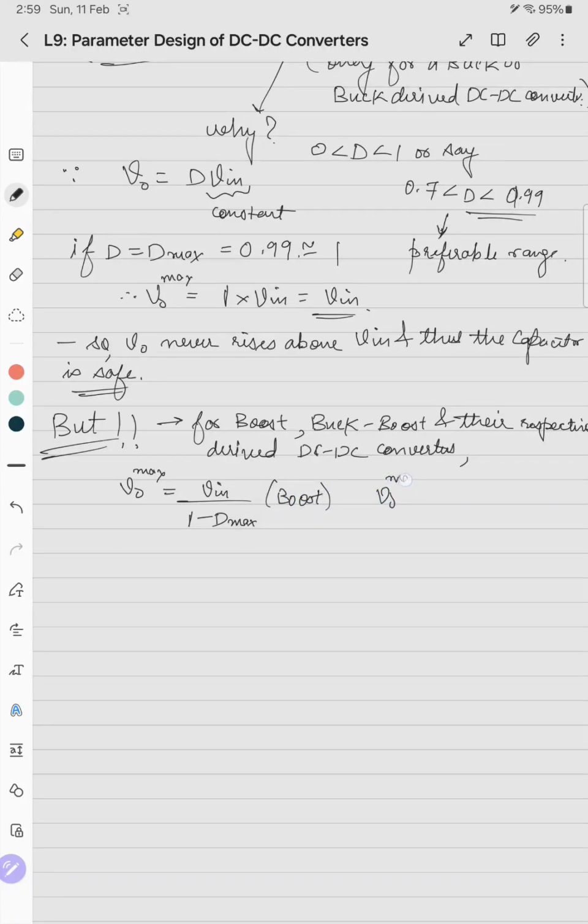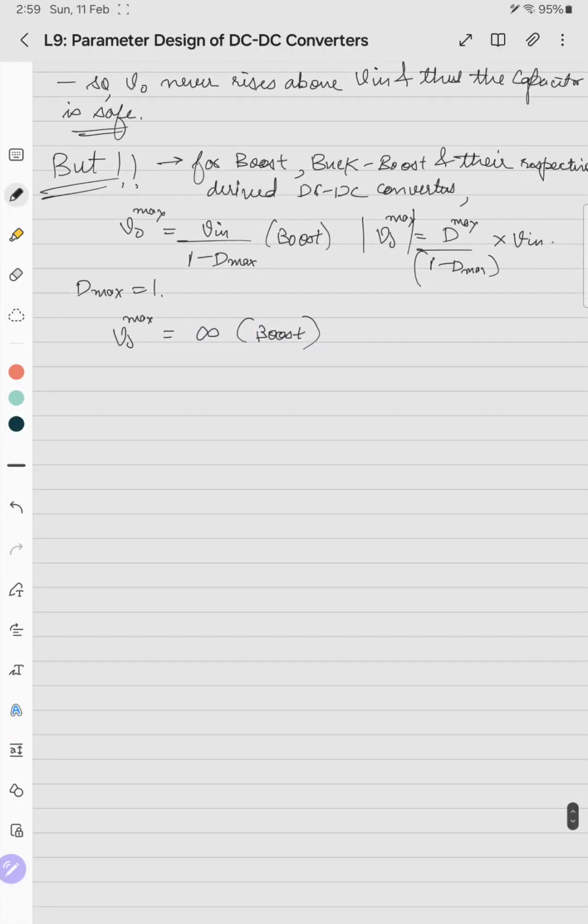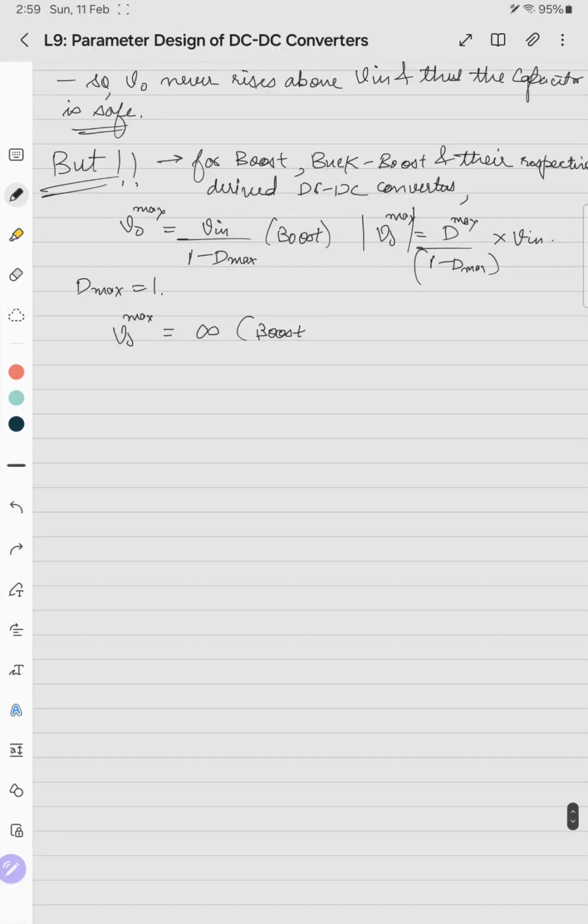For buck boost, V0 max is Dmax by 1 minus Dmax, we'll write mod Dmax, into V in. So Dmax equals 1, so V0 max equals infinite in boost as well as buck boost, because anyways the buck boost converter acts as a boost converter when D is greater than 0.5. So Dmax is always in the boost mode.